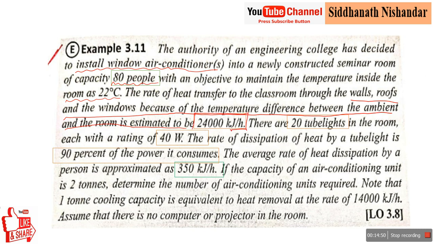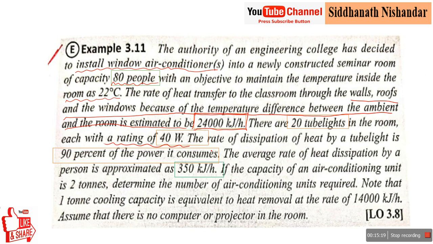I am going to bracket this. The amount of heat coming into the room from outside via the roof and walls is around 24,000 kilojoule per hour. There are 20 tube lights in the room, and these also reject heat. Each tube has a rating of 40 watt.